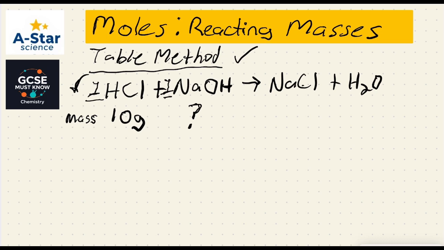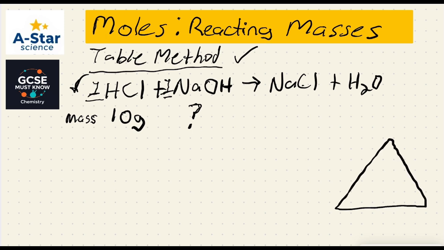So that means it's a 1-to-1 ratio. If we can figure out how many moles of hydrochloric acid we have from the 10 grams, we could figure out how many moles of sodium hydroxide we're going to need, and thus the mass of it as well. So we're going to use this equation. Very, very useful. You're going to need that.